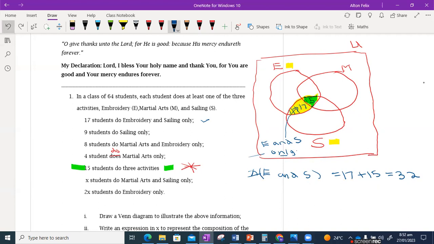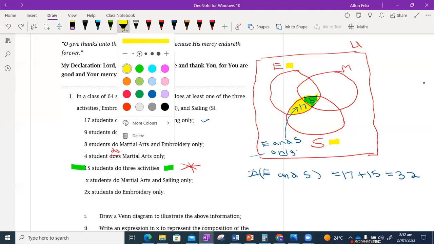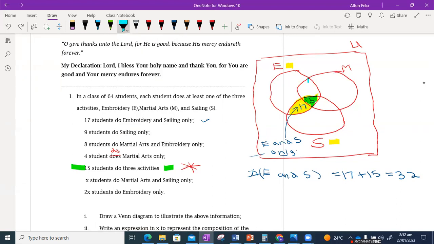Okay, now that we understand that, let's go on to the second overlapping region. And if we look at embroidery and martial arts, let's highlight that, let's say in this color. Embroidery and martial arts will be the entire region, including the green region that is shaded. That will be embroidery and martial arts.